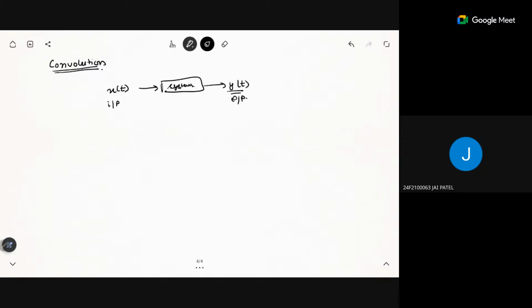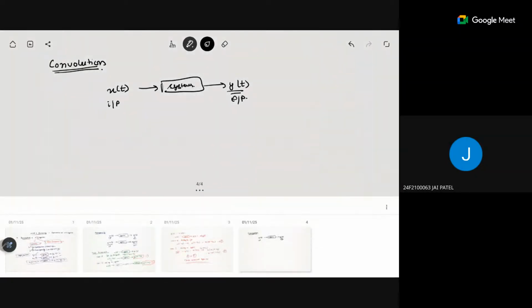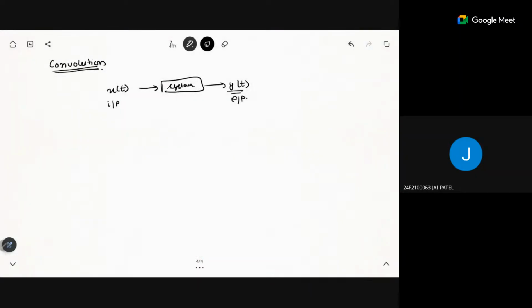So this is in figure, but how can we write this mathematically? We can write this mathematically as yt is equal to xt convolution with h of t. And what is h of t? It's the impulse response function of the system.